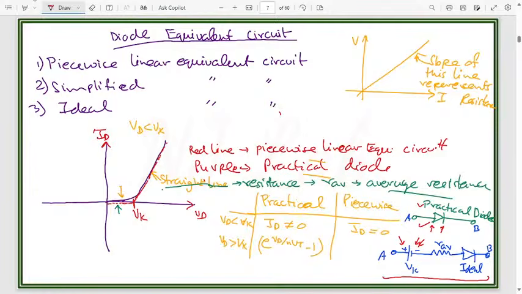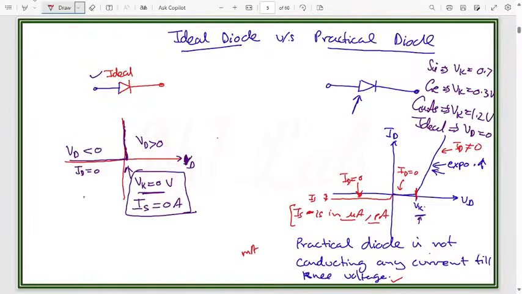And for the ideal diode, I forgot to mention one thing. As I mentioned over here, for the ideal diode, when Vd is greater than zero, the current is flowing. So we can represent our ideal diode as a closed circuit when Vd is greater than zero, simply a short circuit.